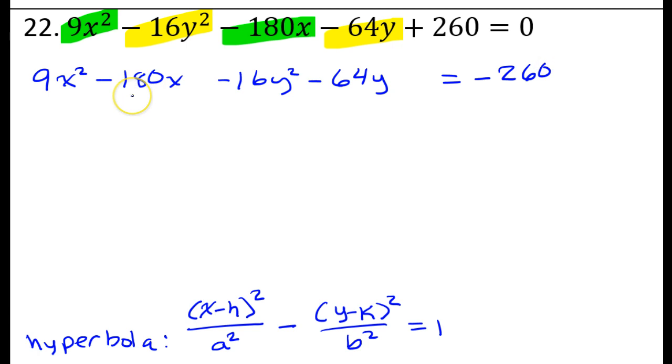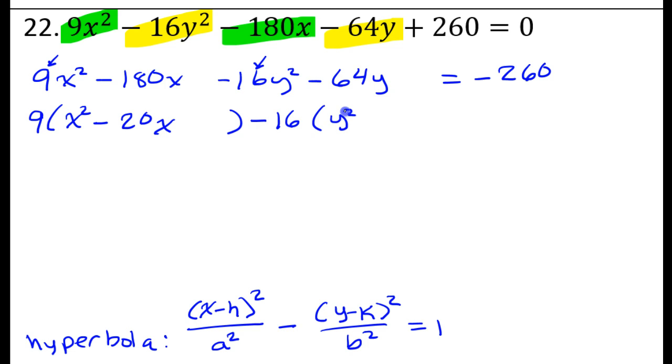Do not do half the middle squared right now. We need to take this leading coefficient outside of parentheses first. Dividing by 9 gives me negative 20x. Leave space to complete the square. This has to be factored out, so I'll have the 16 out there, and then that's going to be y squared plus 4y, leave space to complete the square, is equal to the negative 260.